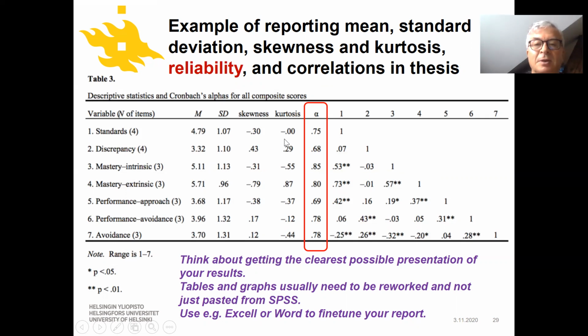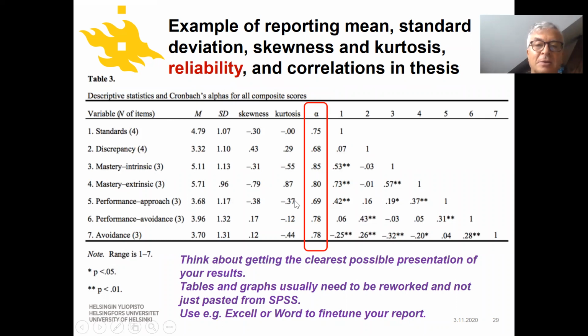You would have their skewness and kurtosis, and you would have here their alpha. You would also have the correlation between these different tests. So that would give the reader a really powerful understanding of what's going on. So this would be really impressive if you do it.